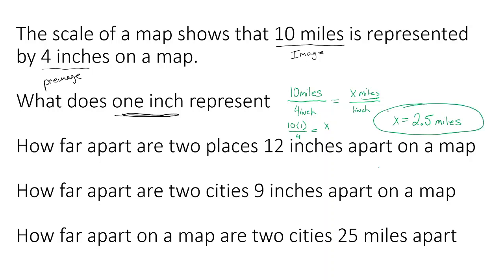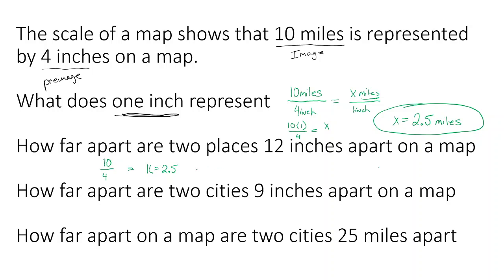All right. So then it says, how far apart are two places 12 inches apart on the map? Last time I used proportions. This time I might use k-factor. So if I was looking for the k-factor, I'd say image 10 divided by the pre-image of 4. Again, we just did that, so I know that k equals 2.5. That means for every 1 inch, you get 2.5 miles.